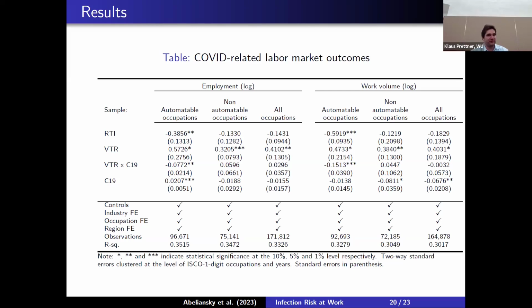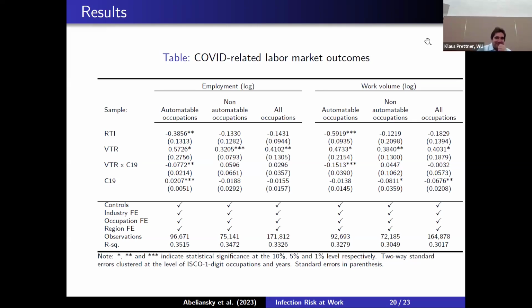So once you control for the viral transmission risk intersected with COVID-19, you would pick up the structural change by the estimate of this parameter. So you see that over time, the jobs grew faster in services than in manufacturing, and particularly in services such as old age care and stuff like that, where the viral transmission risk is higher, and that's picked up by this estimate. Yeah, thank you.